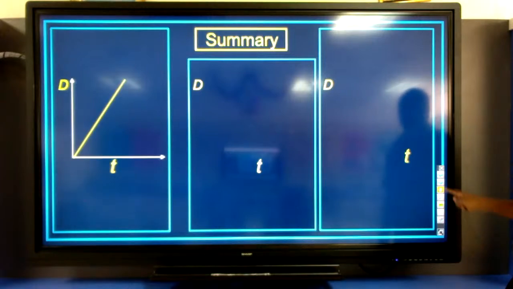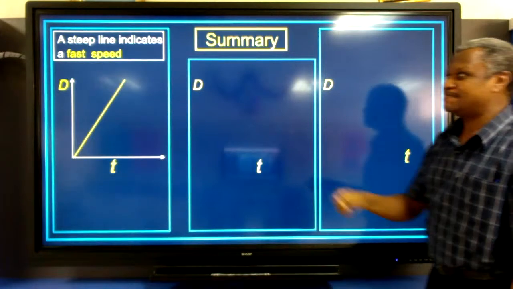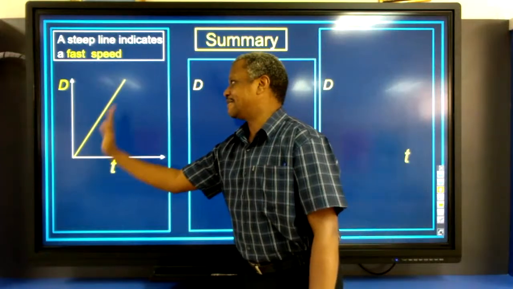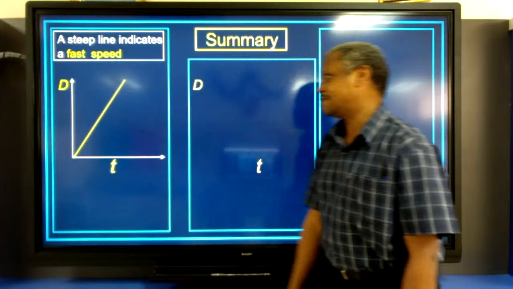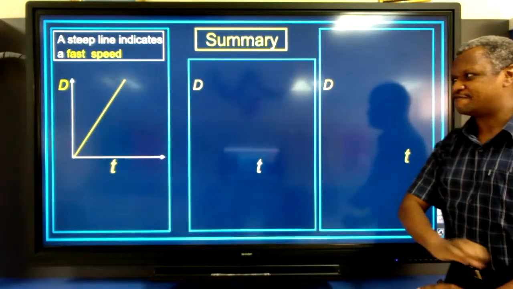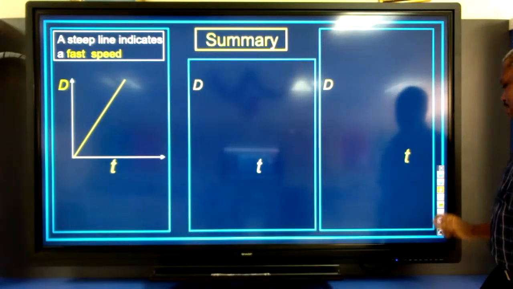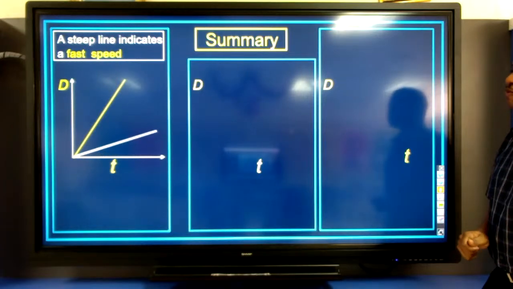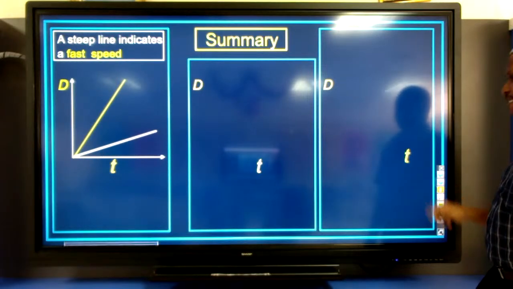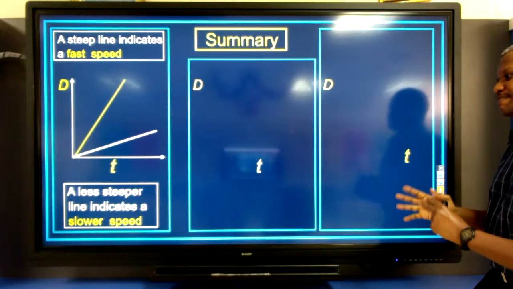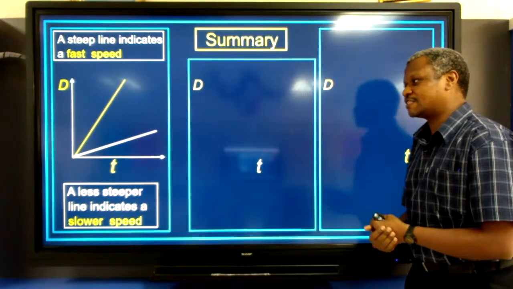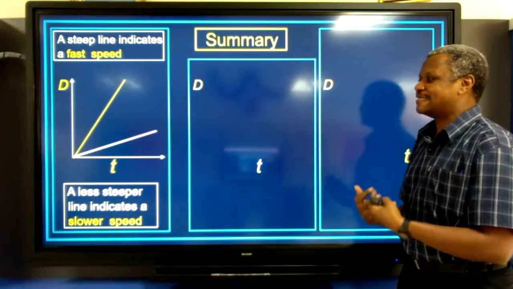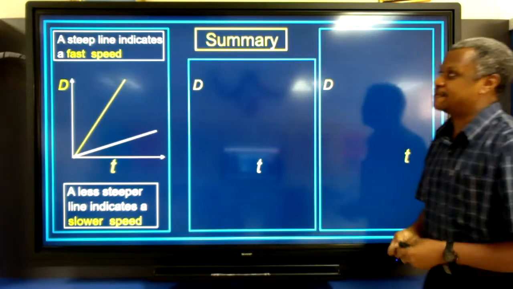If you look at graph number 1, a very steep line actually indicates a very fast speed, an object that is moving very quickly. But if you find another shallow line, a less steep line, it indicates a slower speed. It's moving at a much lesser speed than the first one.